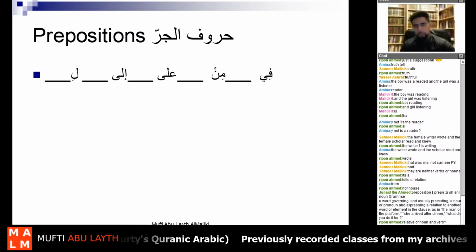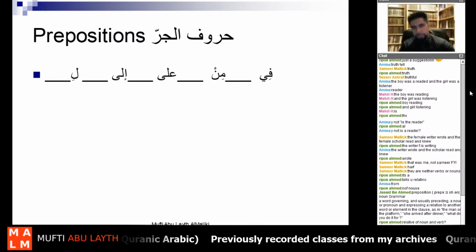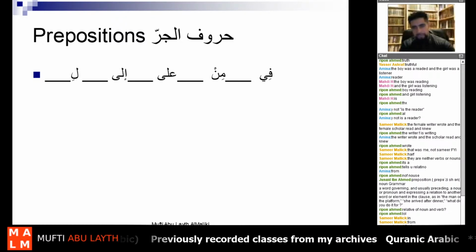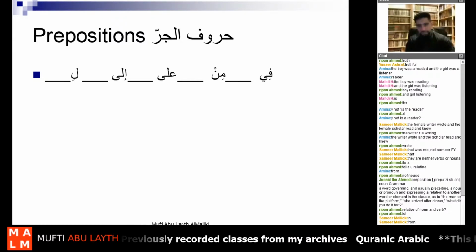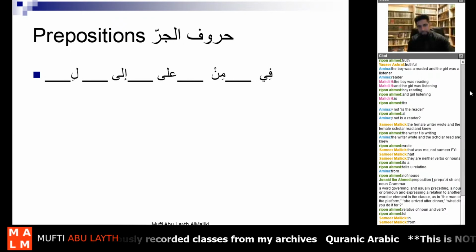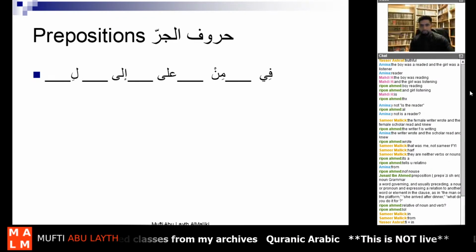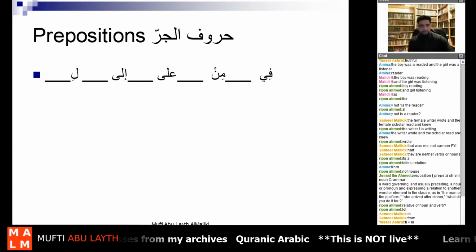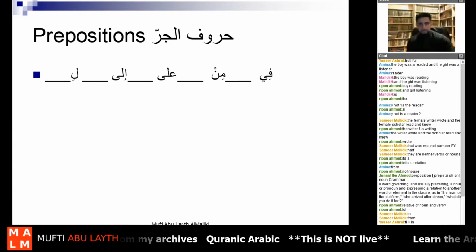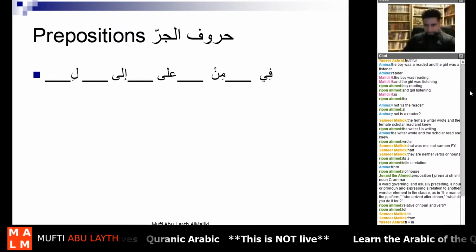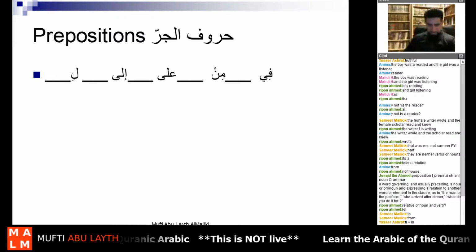I suppose if we start from the right hand side, fi, min, okay, good. Ala. Samir is translating it as in, from, on, to, with. Right, I mean the last one, li, needs to be questioned.